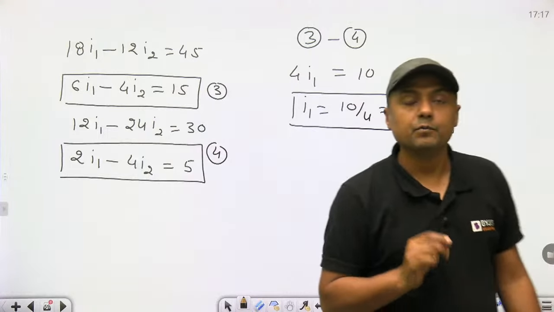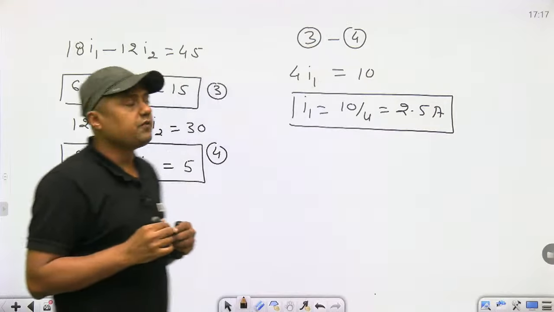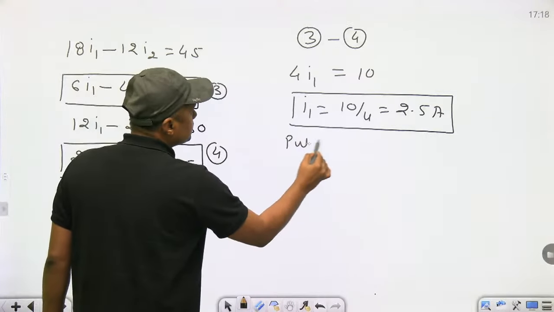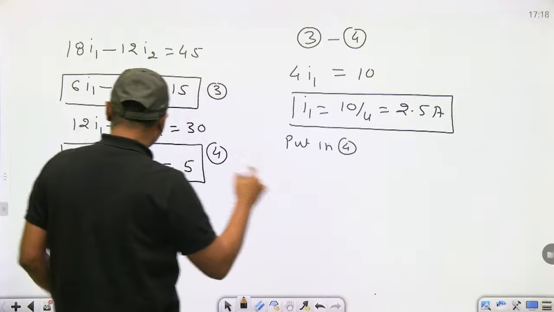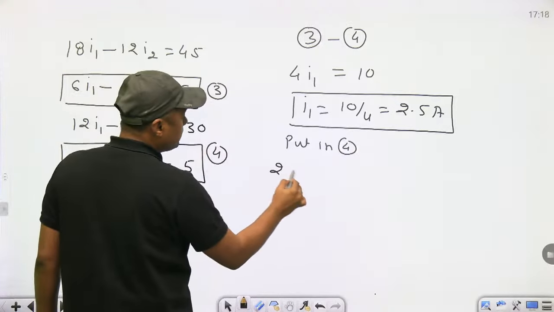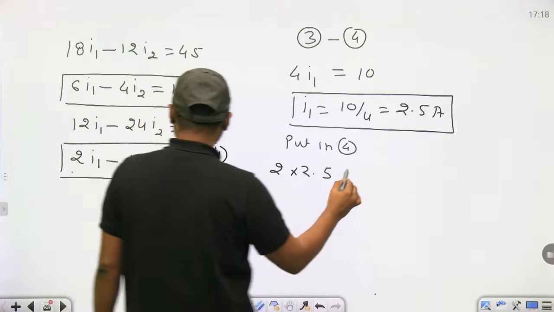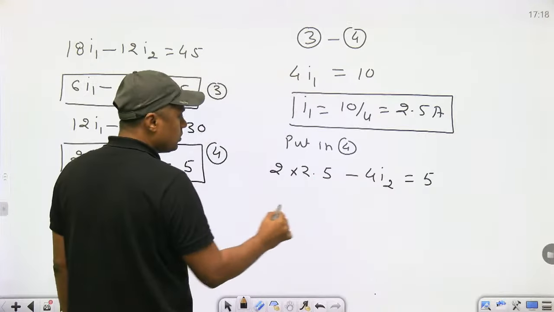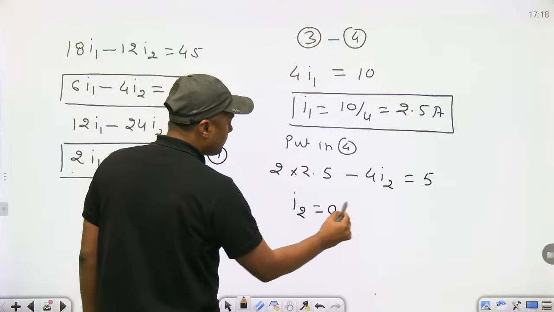Now, once you get 2.5 ampere, how can we get I2? You can put it in this equation or in that equation. Suppose you put 2.5 in equation 4. Then you will get 2 into 2.5, which is 5, minus 4 I2 is equal to 5. So I2 is equal to 0 ampere.